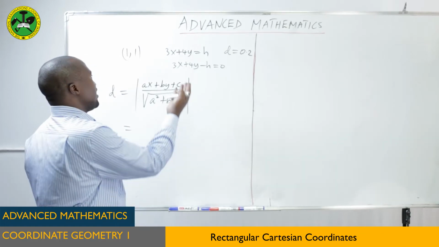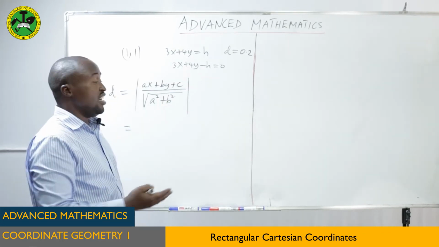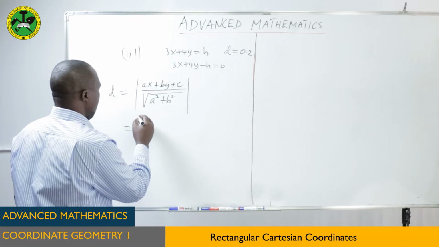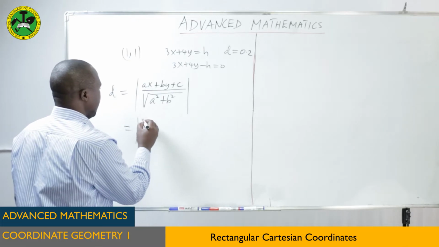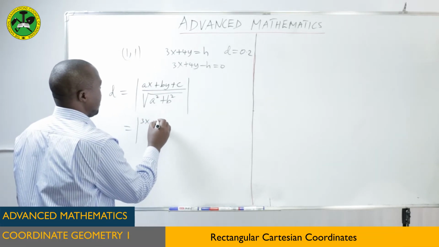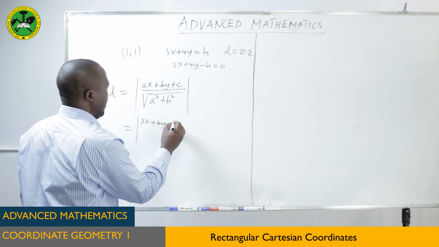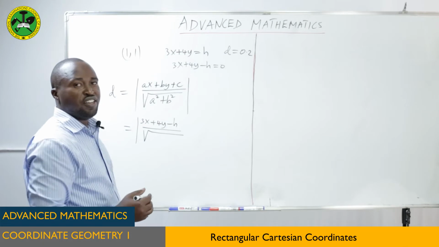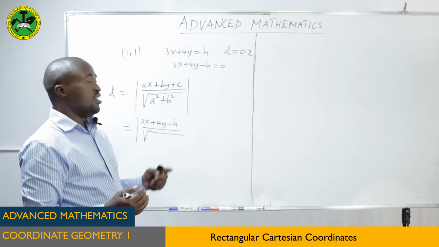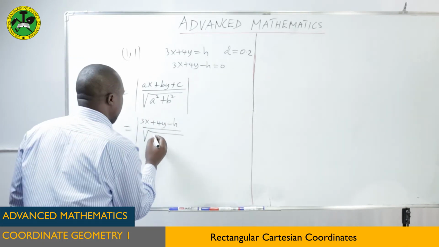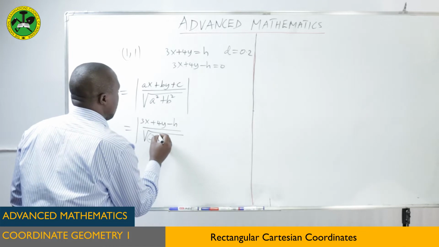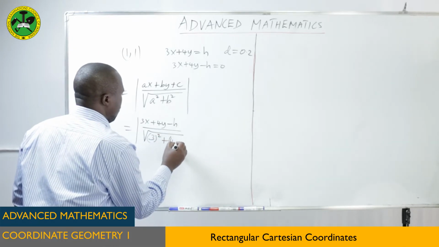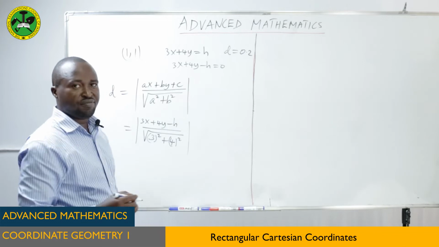So we just substitute this equation in our general formula. So we are going to have the absolute value of 3x plus 4y minus h over the square root of, remember here we have a squared plus b squared. So that is 3 squared plus 4 squared.